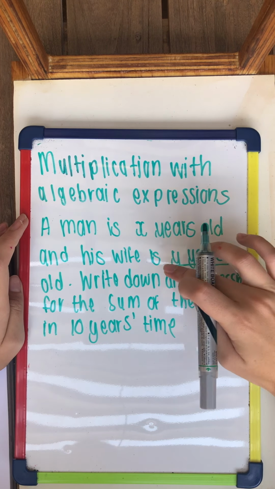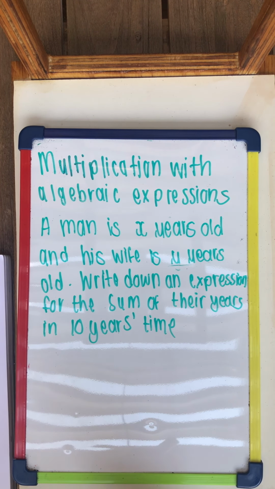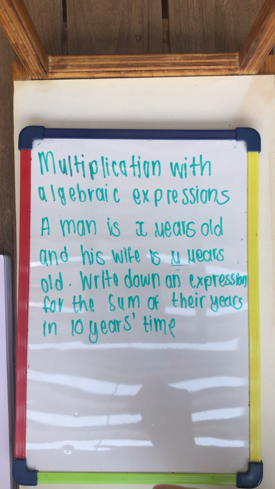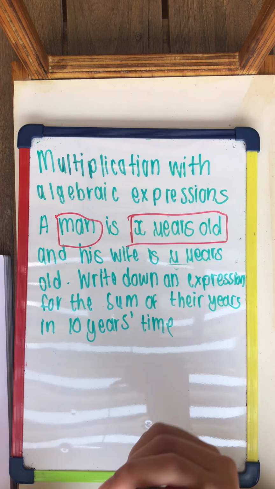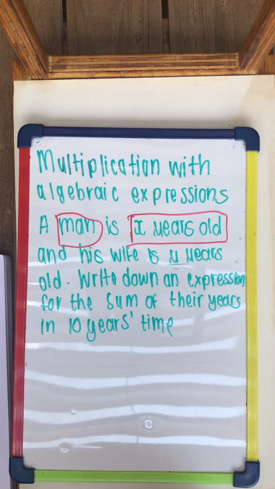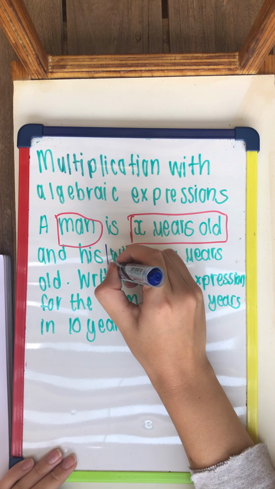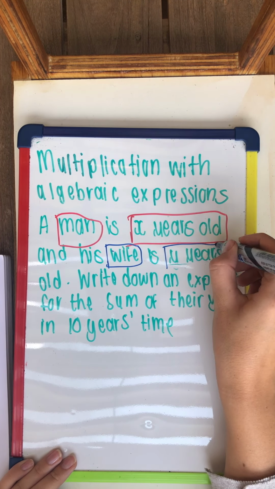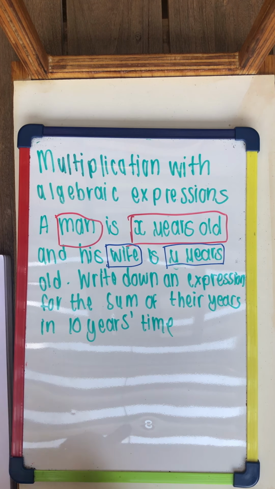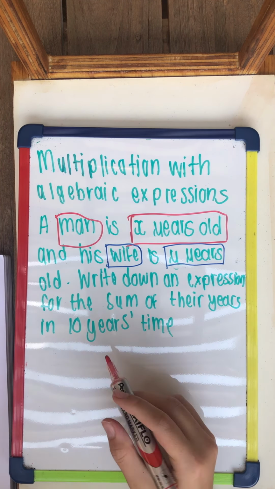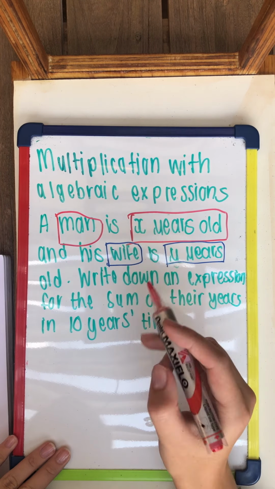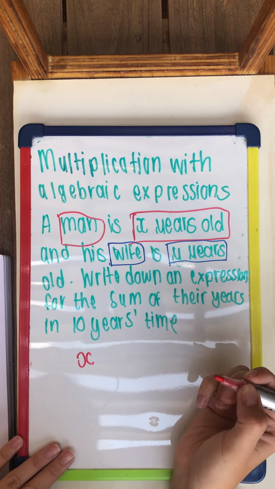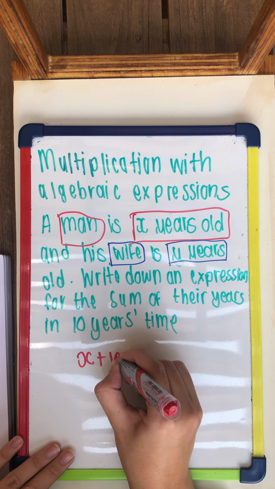So let me actually just make sure that I've got this. So man is X years old. Okay, the woman, so his wife, is Y years old. Okay, now for the man, in 10 years time, how old is he going to be? Okay, because we don't know how old he's going to be, I know I have to take his age plus 10.